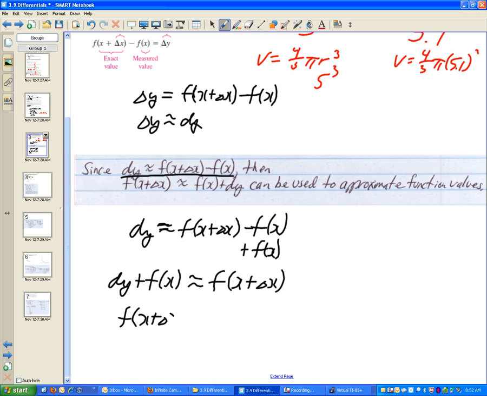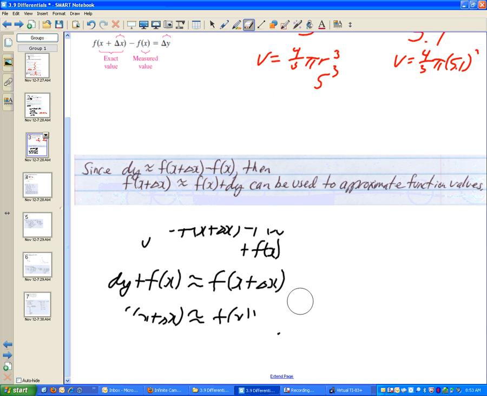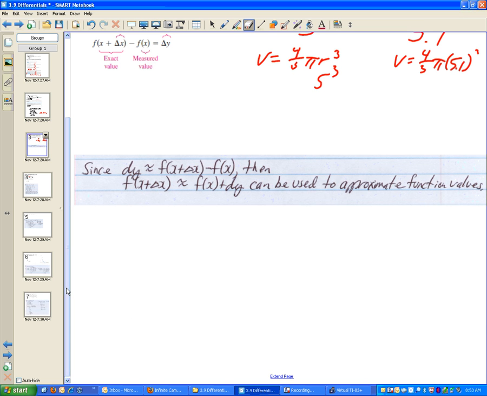F of x plus delta x is approximately f of x plus dy. So that can be used to approximate function values. Since dy is approximately delta y, then we do a little algebra manipulation, and I'm going to show you how we use that. Okay? So what you need to know is that I copied from my paper. The rest was hopefully explaining a little bit.